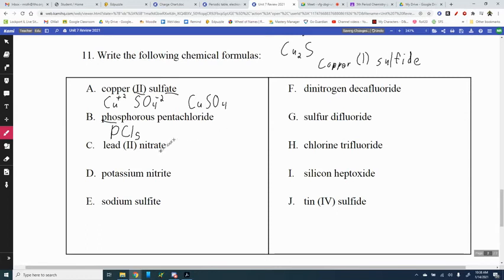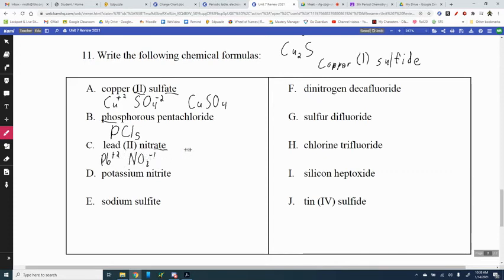Okay. Next, lead 2 nitrate. So the 2 means lead is a +2. So we're going to write that down. Pb +2. Nitrate is a polyatomic ion. So you look that up on the charge chart. It's NO3 -1. Now, this time we do not have an equal charge.